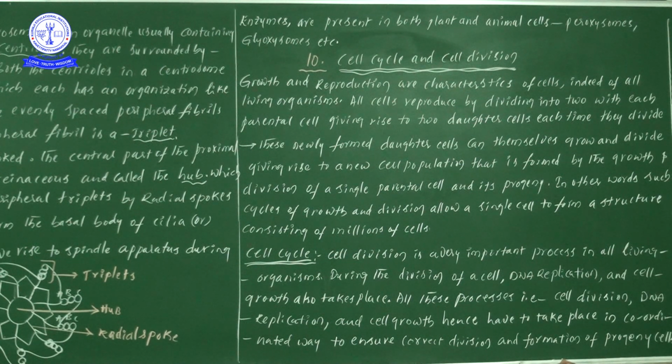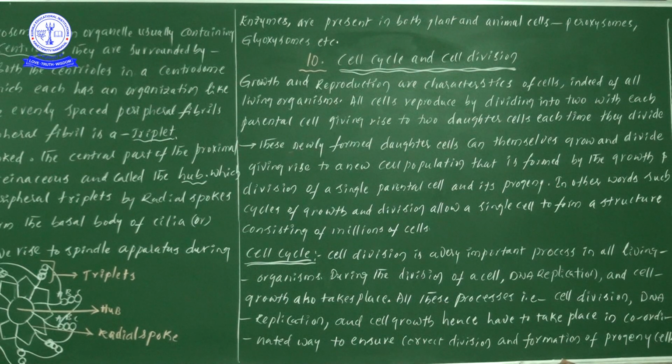By that division, the formation of two daughter cells, two offspring, takes place when they divide.